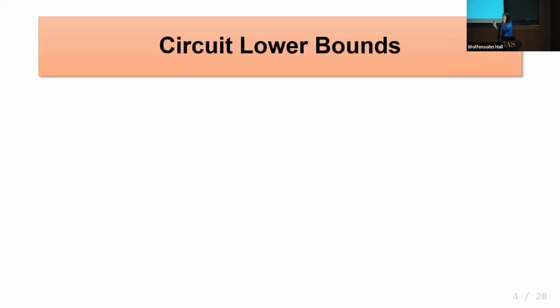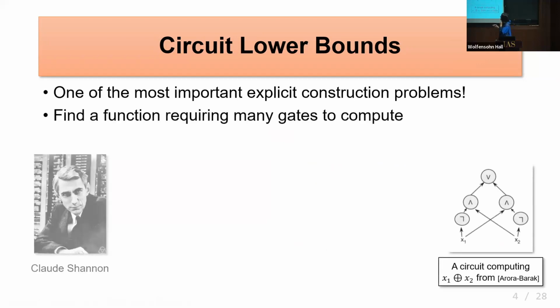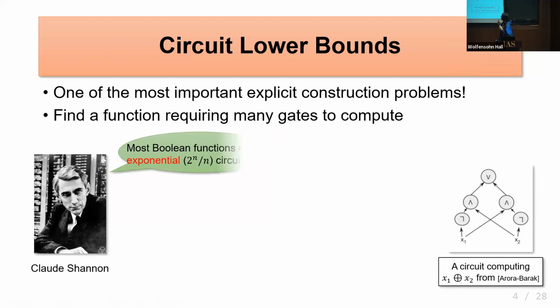Here is a third example of an explicit construction problem: proving circuit bounds. Why is it an explicit construction problem? Because Claude Shannon around 70 years ago proved that most functions require exponential circuit size. He also did it by a counting argument.